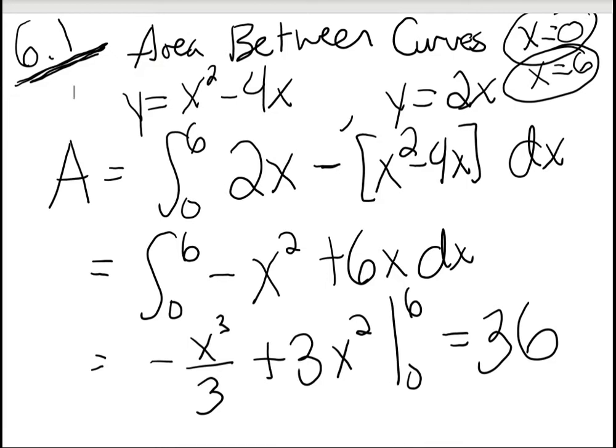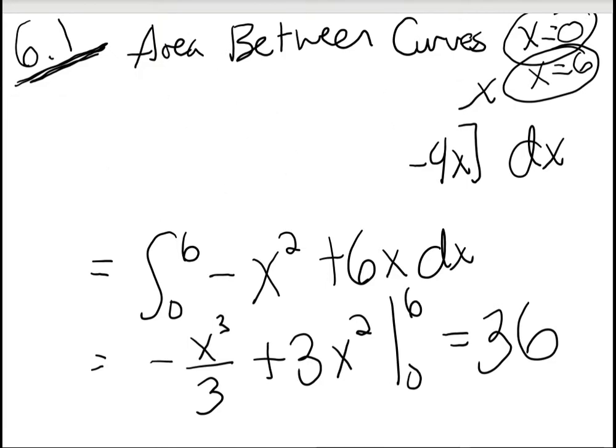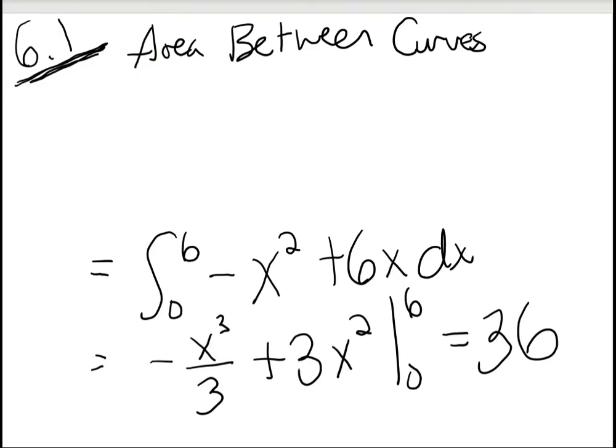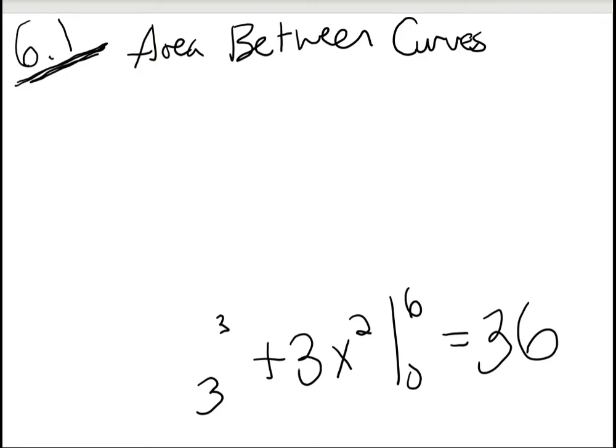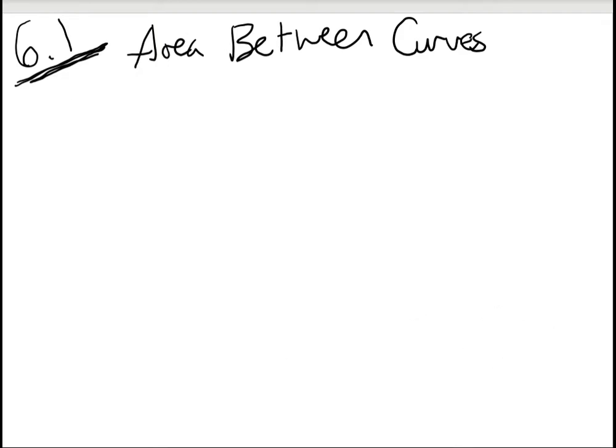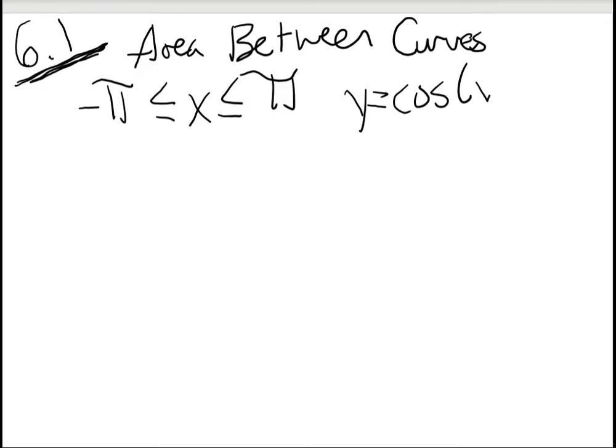Okay, so let's do another example. This time we're going to look at some trig. So on the domain between negative pi and pi, let y equal cosine x, and then y equal 1 minus cosine x. Okay, so do these functions intersect at all?